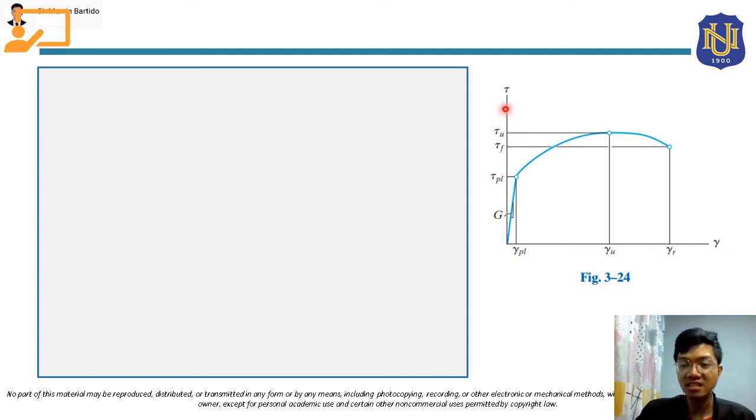In this case, the stress here is a shear stress, and that is denoted as tau. And for the horizontal axis, this will be for the strain. In this case, the strain here is a shear strain, and that is denoted as gamma. So this is an example of a shear stress strain diagram for a ductile material.